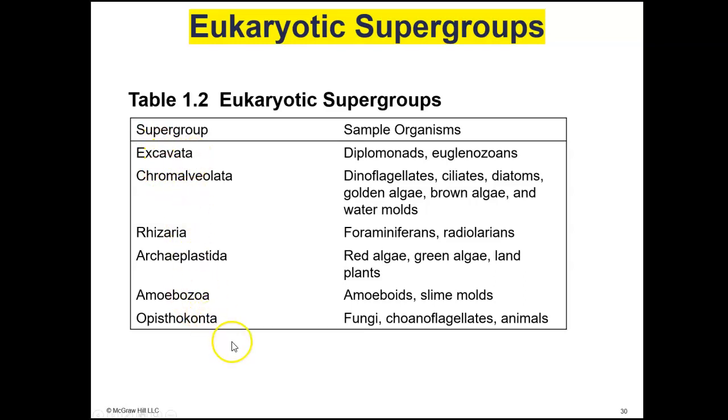We divide them up into supergroups. Again, I will tell you, so like the Opisthokonta includes the kingdom fungi, the kingdom Animalia, and then the protozoans called choanoflagellates. And then the plants are within the Archaeoplastida supergroup. That includes red and green algae and land plants.